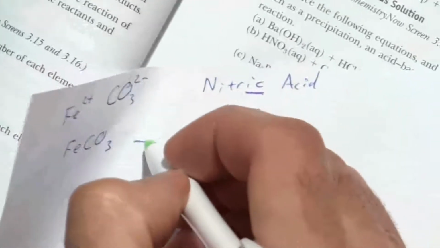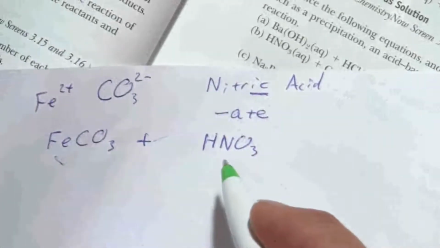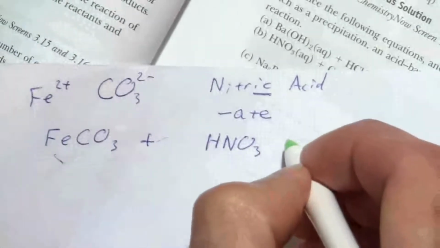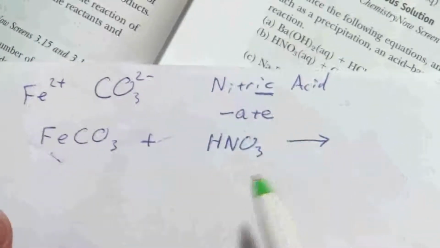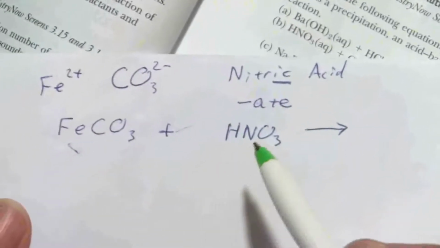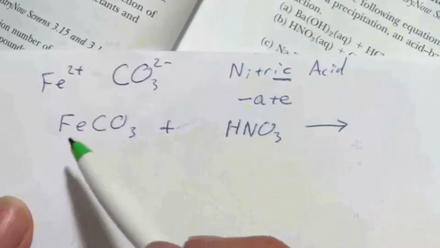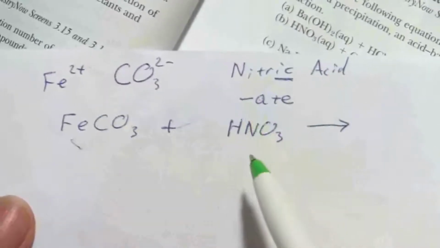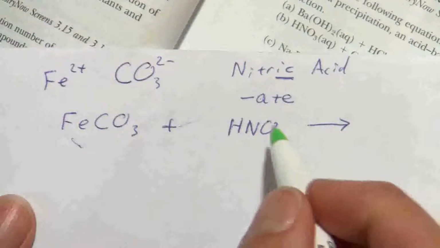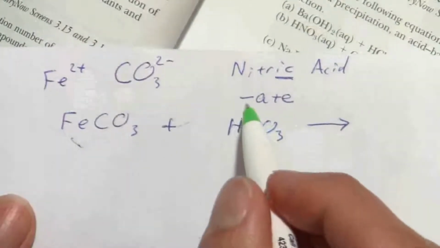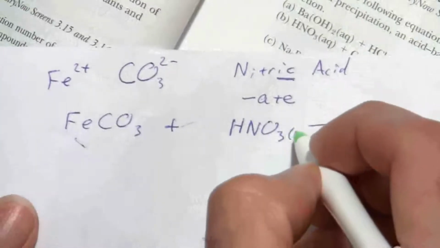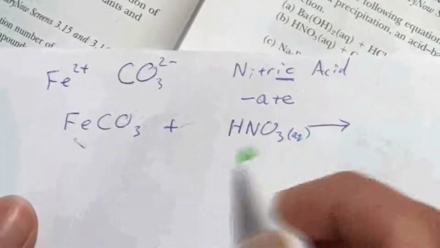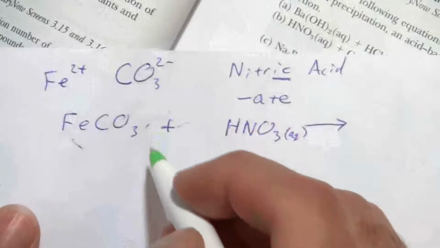So I'm reacting these two together. What are my products going to be? I have a similar sort of thing to what I've done before: 2 ionic compounds, or at least in solution. Since this is acid, it is in water.